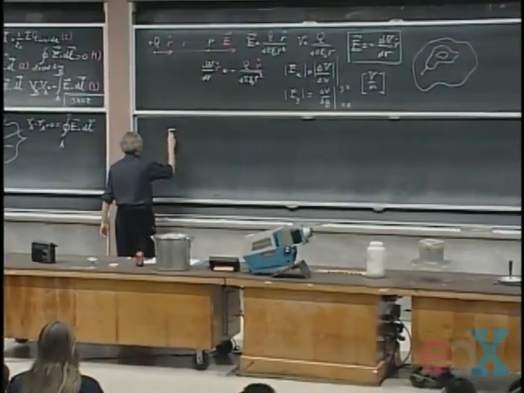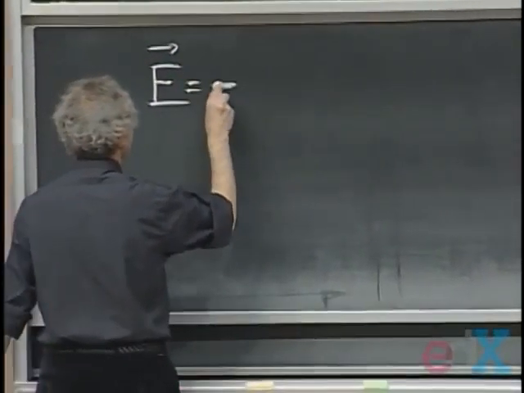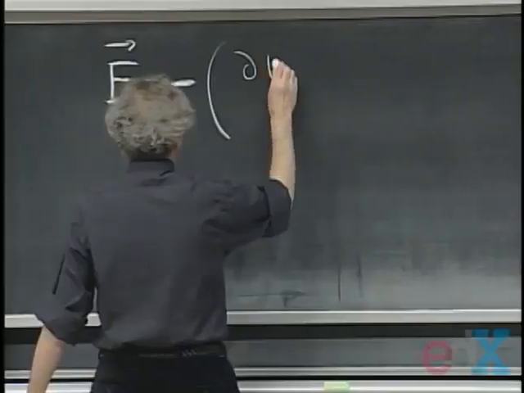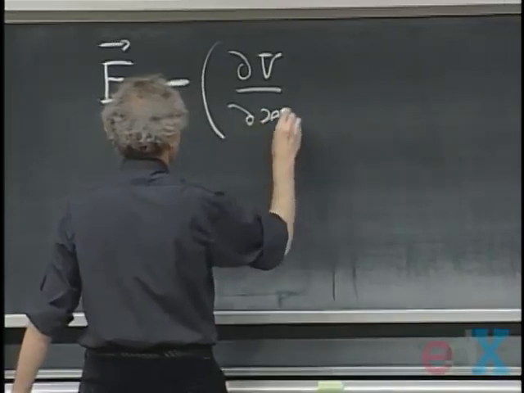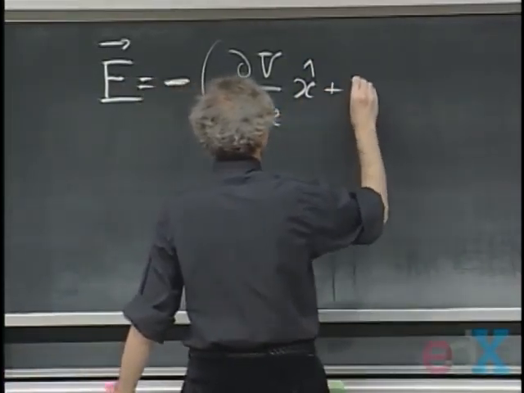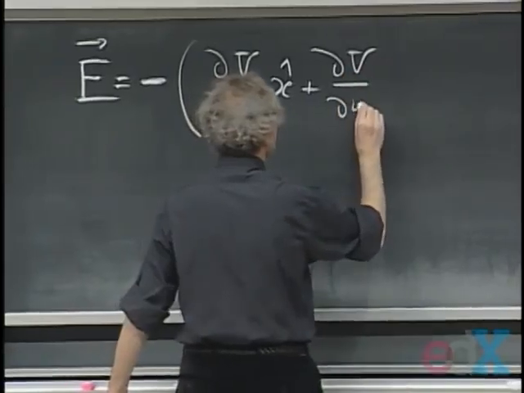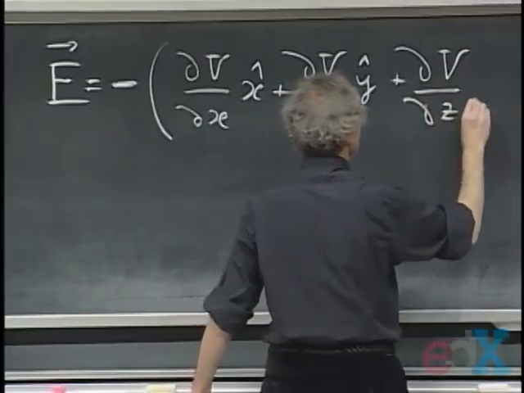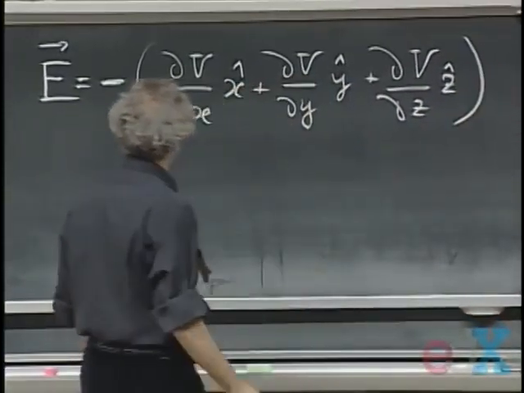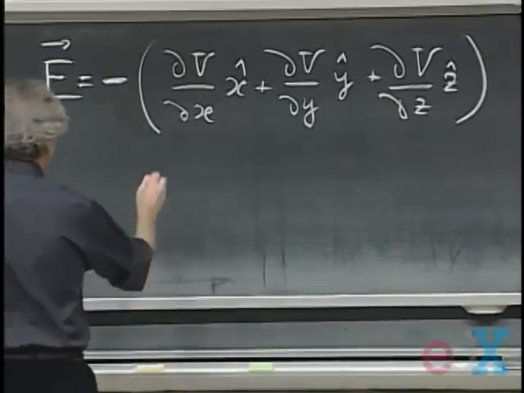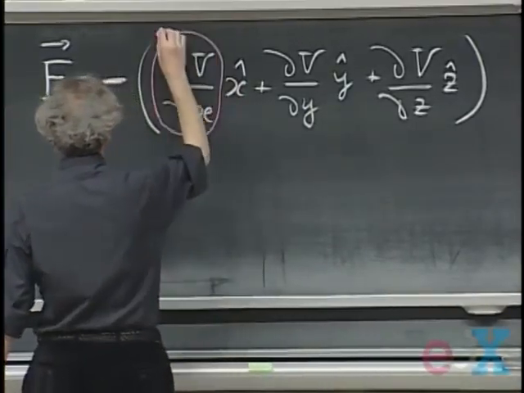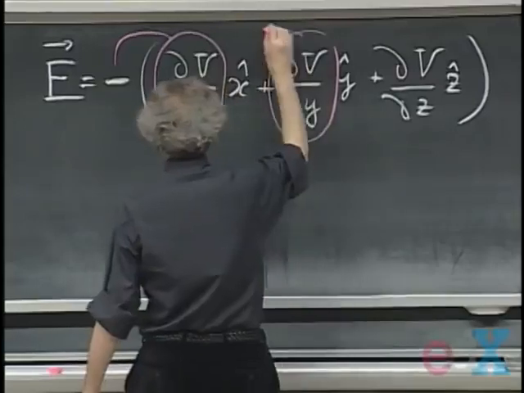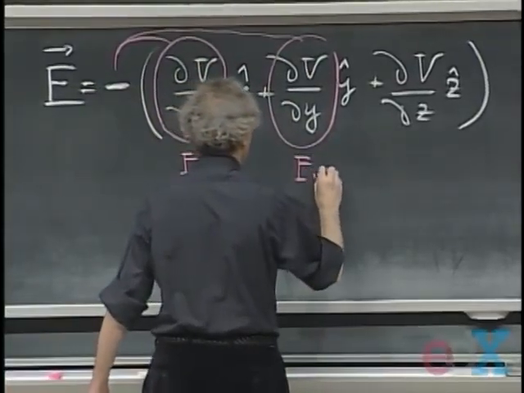And so in Cartesian coordinates, we now get E equals minus, that minus sign we discussed at length, and now we get dV/dx times x roof plus dV/dy times y roof plus dV/dz times z roof. And what you see here, this first term, including, of course, the minus sign, that is Ex. And this term, including the minus sign, that is Ey, and so on.